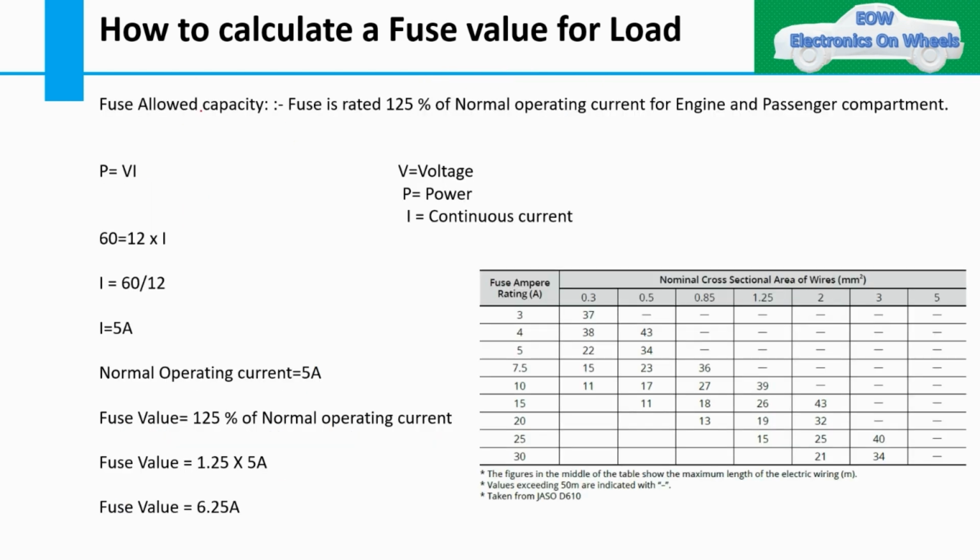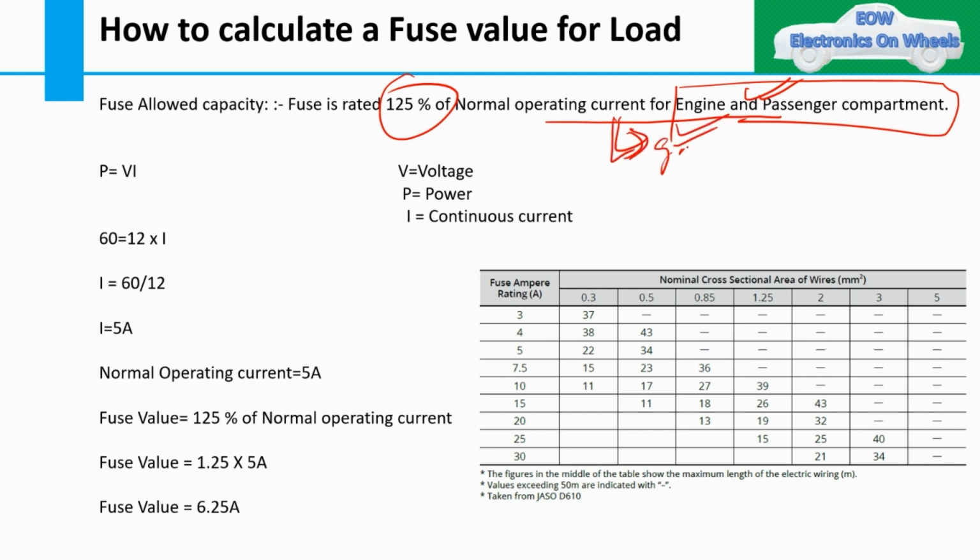So how to calculate a fuse value? You already know, as I explained in the previous video, that fuse is rated 125% of normal operating current for the engine and passenger compartment. I have written it here, but you can take this statement as general. It is not based on location.